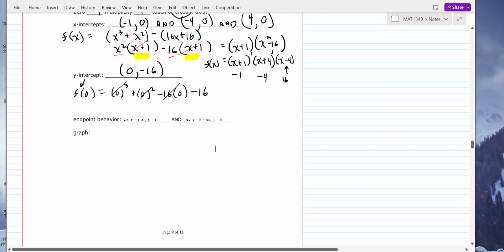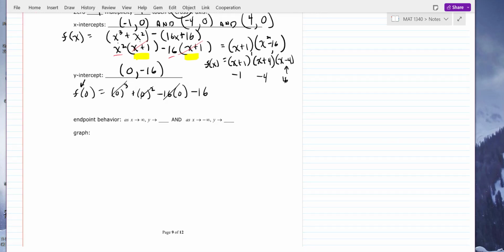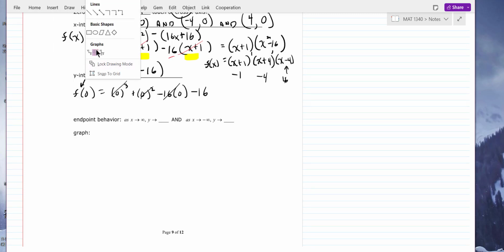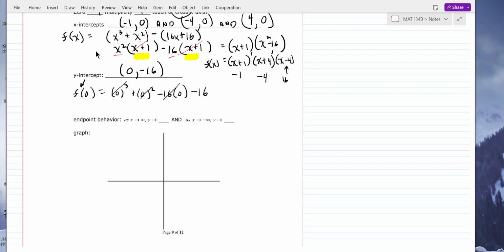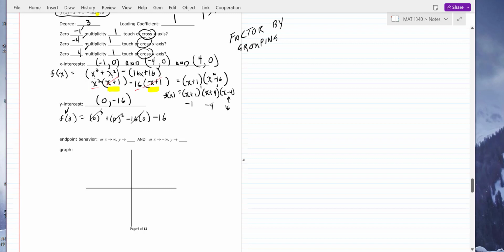So down at that space in the bottom, you want to go ahead and just kind of draw yourself a blank coordinate system to begin with, like we've been doing. And then what you want to do is just kind of put all of these zeros on here. So we have 3 zeros. So just kind of do 1, 2, 3, 4.